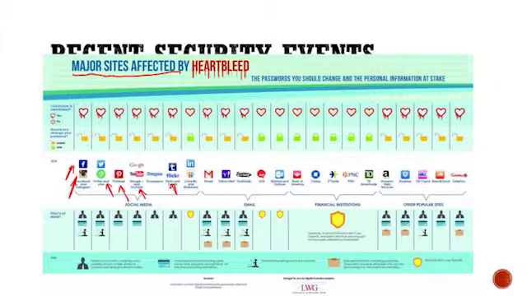But this was Heartbleed affecting OpenSSL, which is an open source SSL service that is used to secure things, right, for web, for SSL certificates. And since it affected that and everybody used it, it affected a lot of people at once.